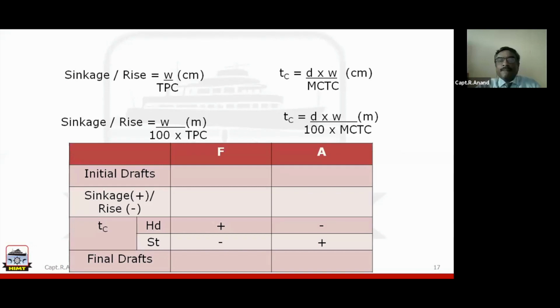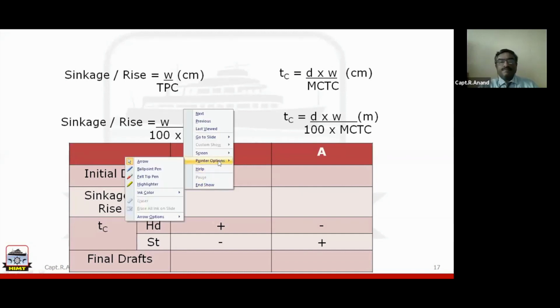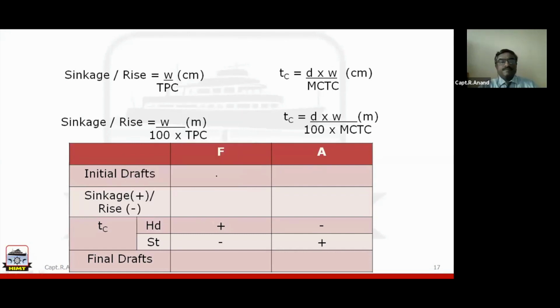So that is for trim change aft. Based on that, I've just put it in a table form. I will have my initial draft forward and aft. So this is something which I'll have right at the beginning.